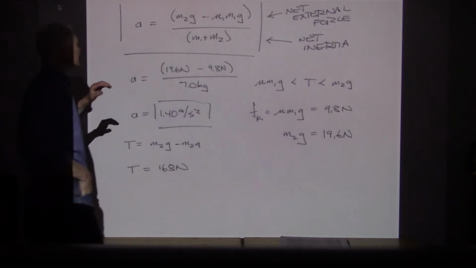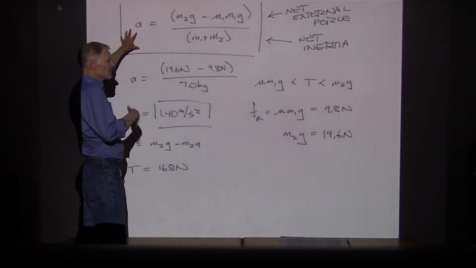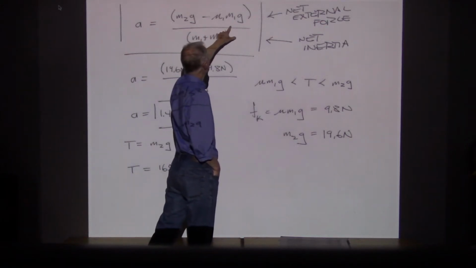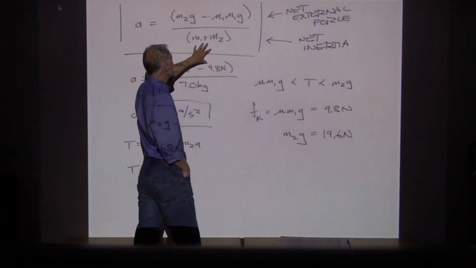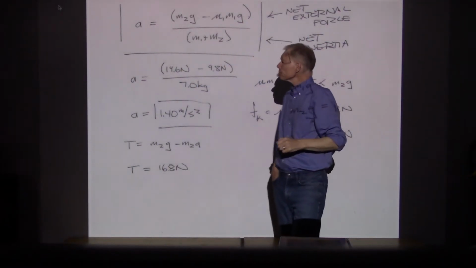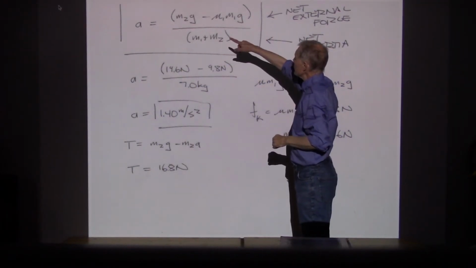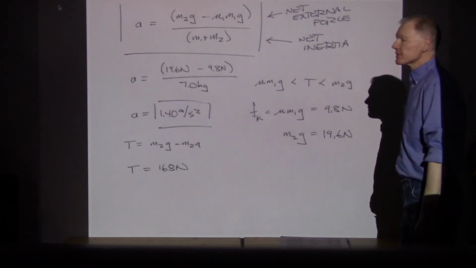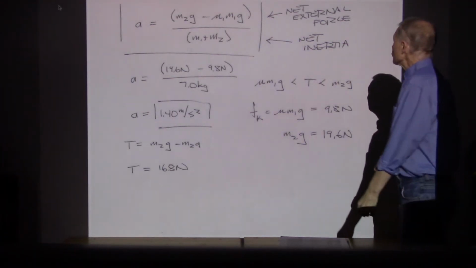Okay, final step in the algebra, the acceleration of the system of objects: m2g minus mu1 m1g over the combined masses. Now we've seen this before, where when we solve for the acceleration of the system, in the numerator we're getting the net external forces.